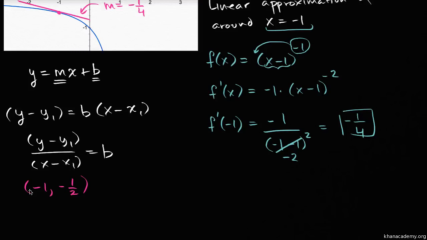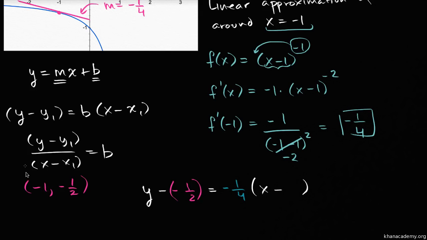We could say y minus y1, so minus negative 1/2, is going to be equal to our slope, negative 1/4. I'm just using the point slope version of our equation, is equal to our slope times x minus x1.